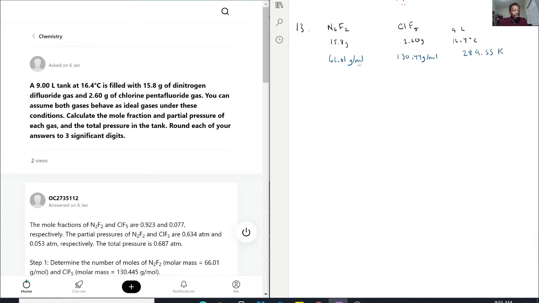So that's 15.8 divided by 66.01, and we get 0.23 etc. Not going to round just yet because they asked for the mole fraction, and I want to get the most accurate numbers to get that mole fraction. Now we have 2.60 divided by 130.44. It's going to be quite small, and we do get 0.0199.